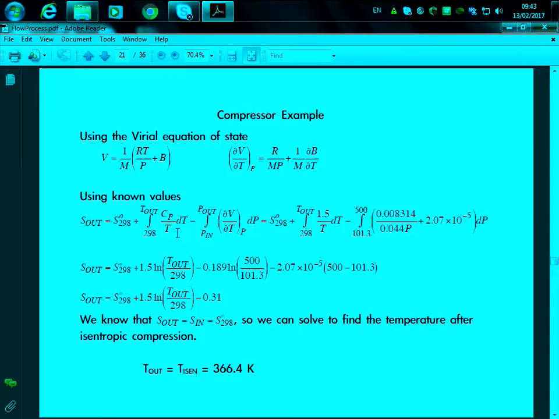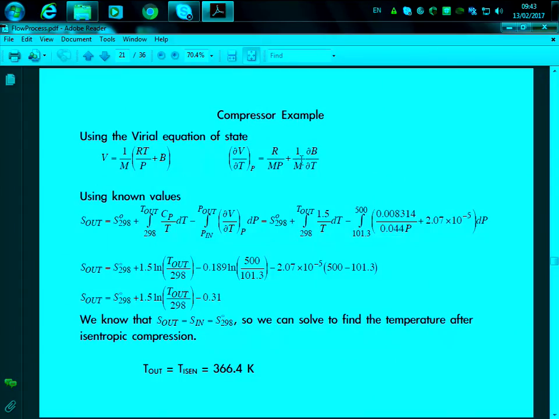If you remember, 1 over m dV over dT was given as well, and this can be obtained from R. We know what R is, and the mass that goes through the system.